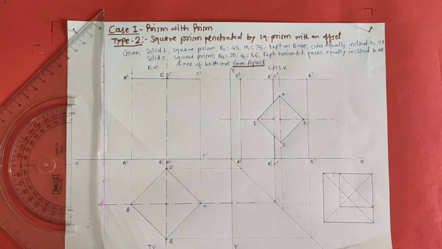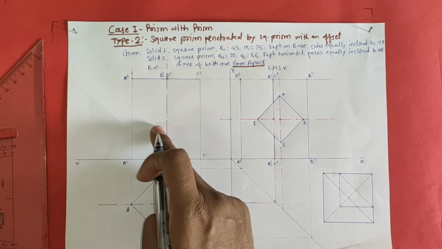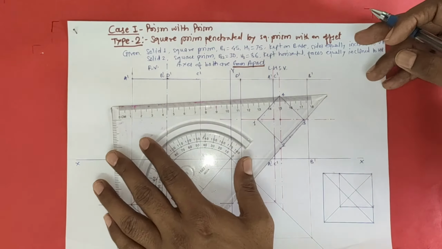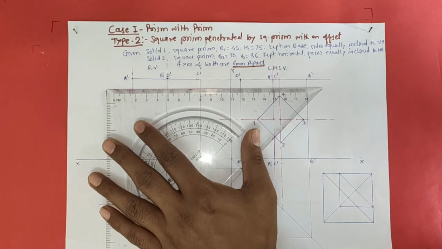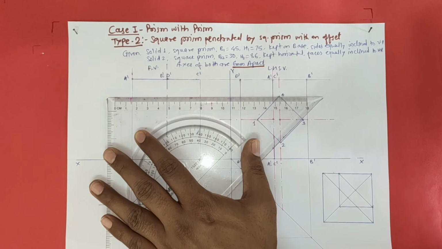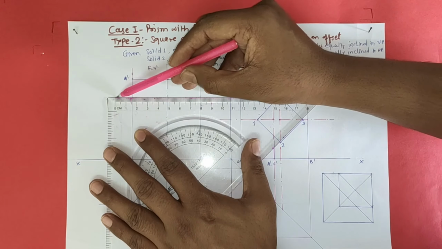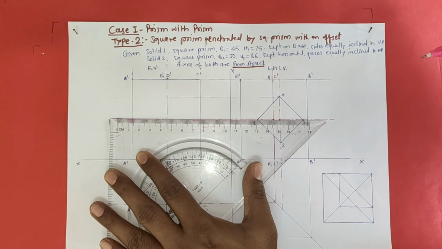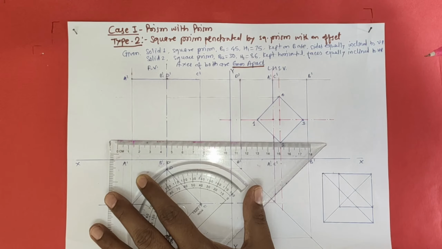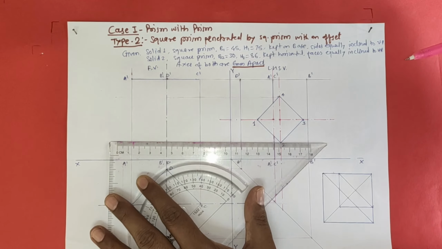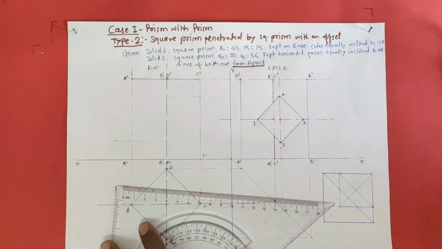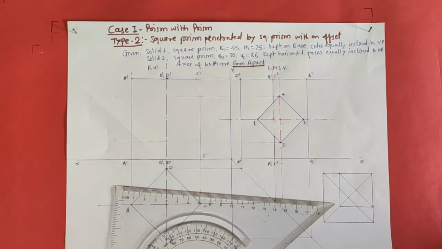Now project it into the front view and top view. For projection I will first of all mark faint lines with the help of the blue pen, and the red pen again. Okay, I have marked it.